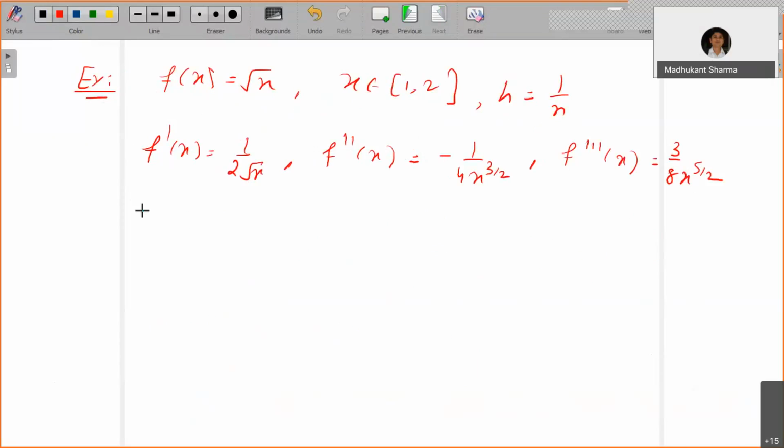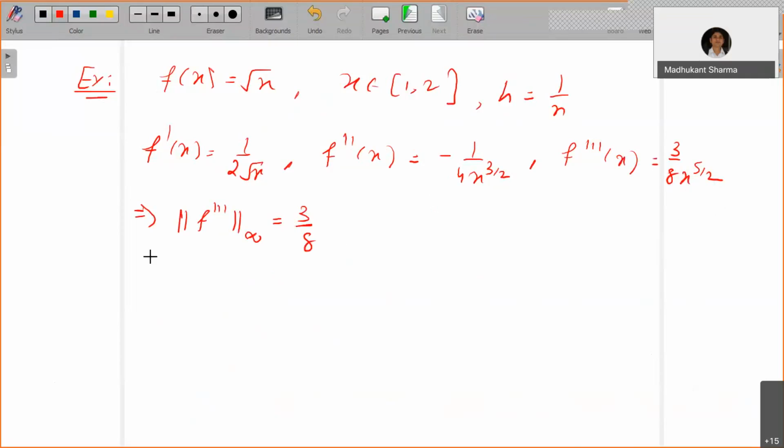This will imply that the infinity norm of the third derivative, which is a decreasing function whose magnitude remains the same, is attained at the left hand point x equals 1, and is equal to 3 by 8.